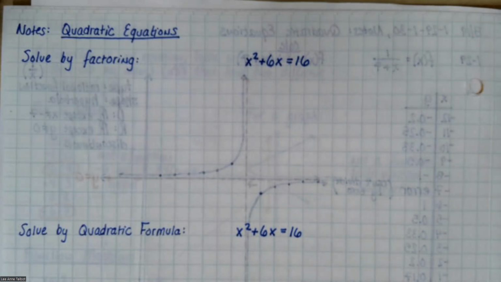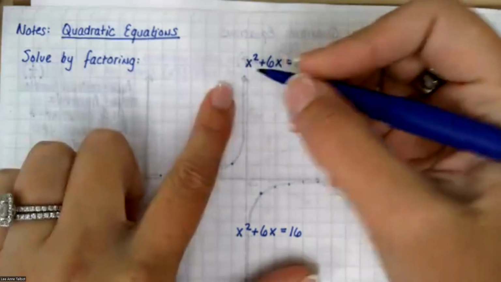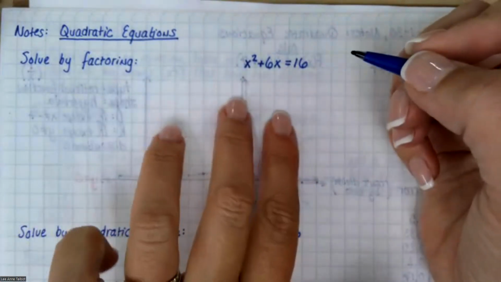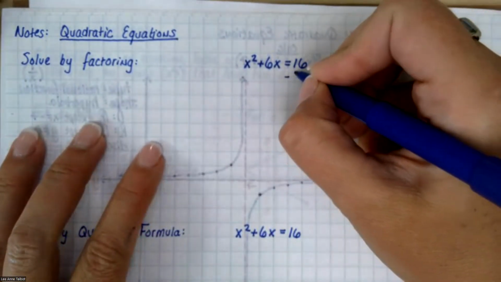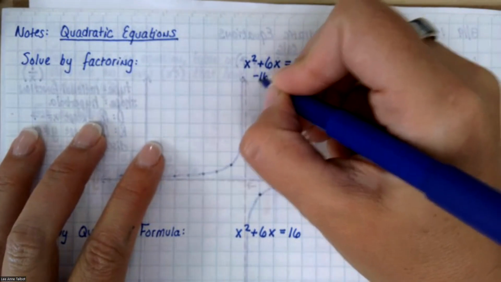We're going to do the same problem two ways. Then we're going to leave some space to do it a third way, complete the square. Solve by factoring. First thing I need to do when I'm factoring is get it equal to 0. So minus 16.